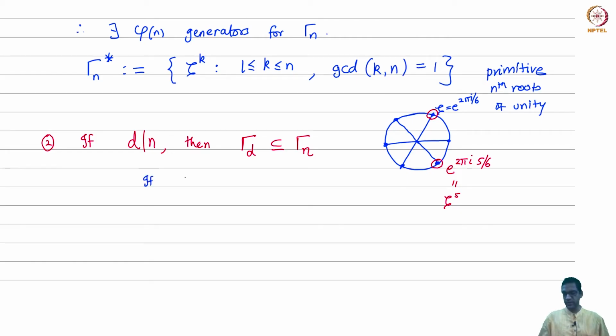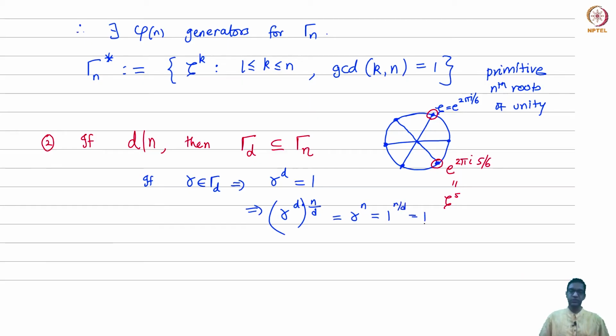If gamma is an element of gamma d, that just means gamma power d is 1. Of course, d divides n, therefore if I raise this to the n over d, then that's gamma n, and 1 power n over d is just 1. So if something power d is 1, something power n is automatically 1.